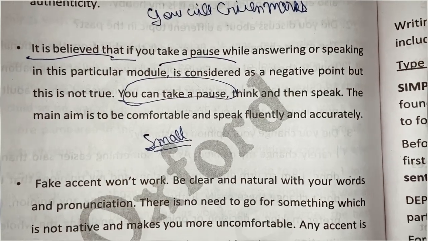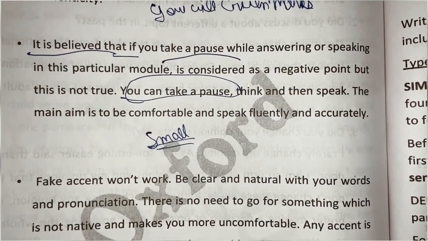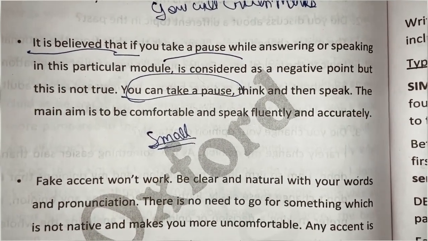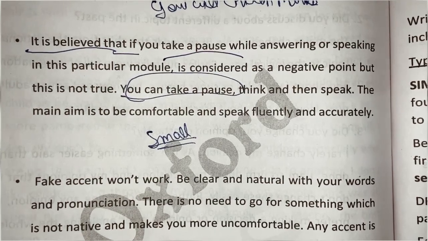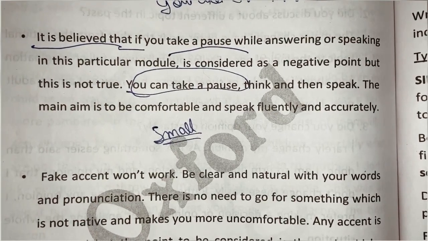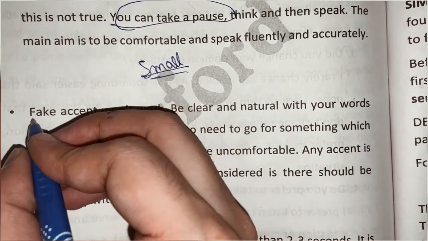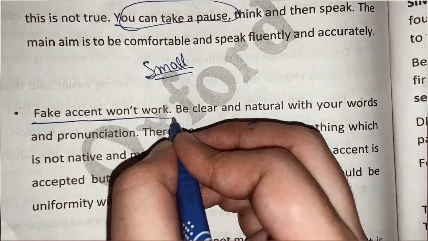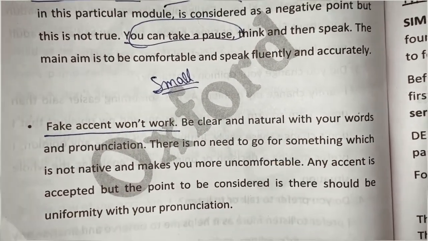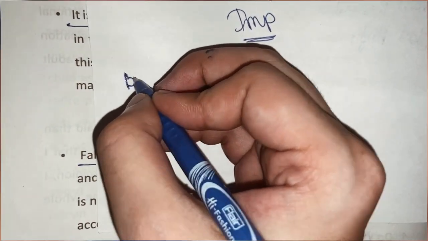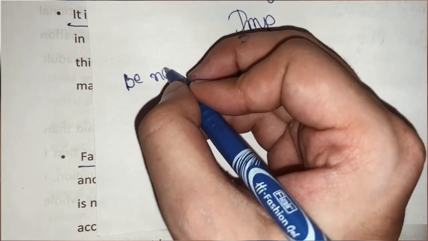Okay guys, a fake accent won't work. Be clear and natural with your words and pronunciation. There is no need to go for something which is not native and makes you more uncomfortable. Any accent is accepted. Be natural.